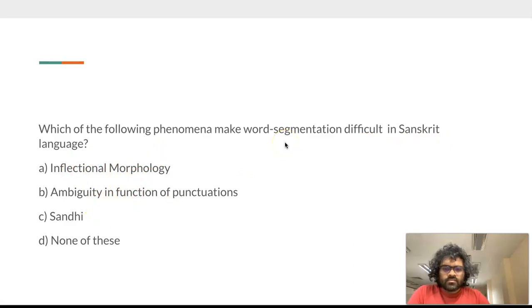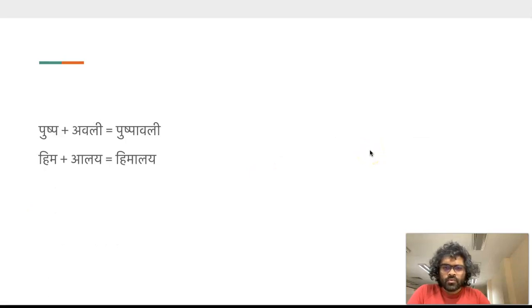The problem we will face in Sanskrit is Sandhi. I don't know about other languages, but in Bengali also we face this kind of problem. I think in Hindi also there is Sandhi, but in Sanskrit it is very common. Suppose these are two words, Pushpo and Abli, and they are not just concatenated; the Po and O merge and form a different form.